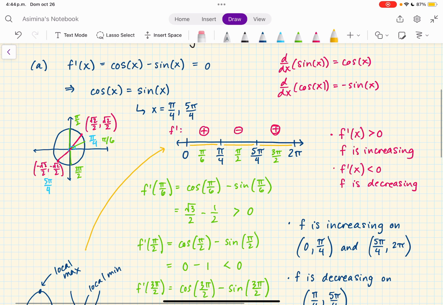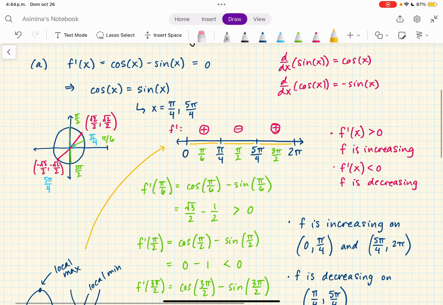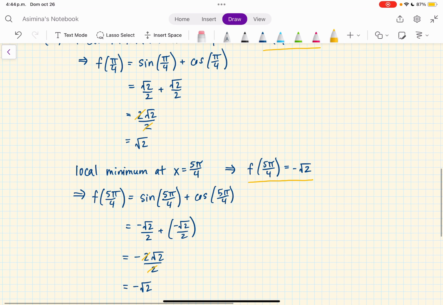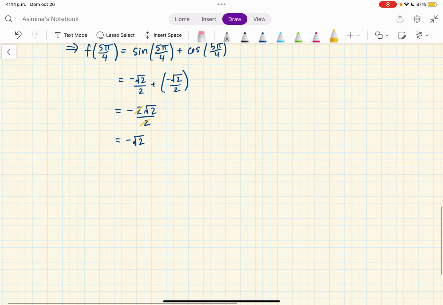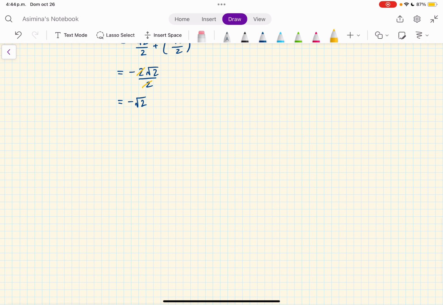Well, first we got that the first derivative is cosine of x minus sine of x, so let me rewrite that here. So we have f of x equals sine of x plus cosine of x.